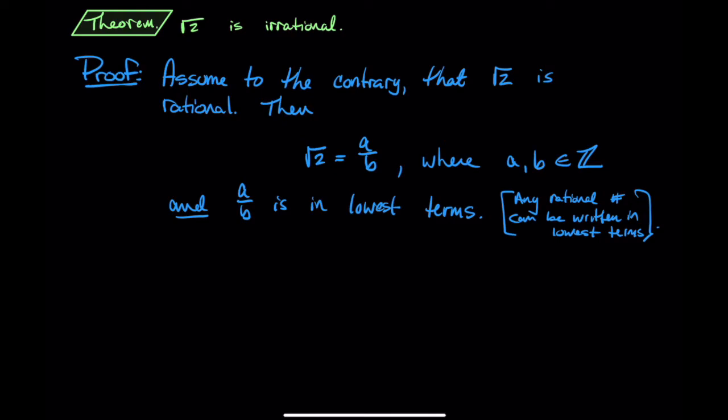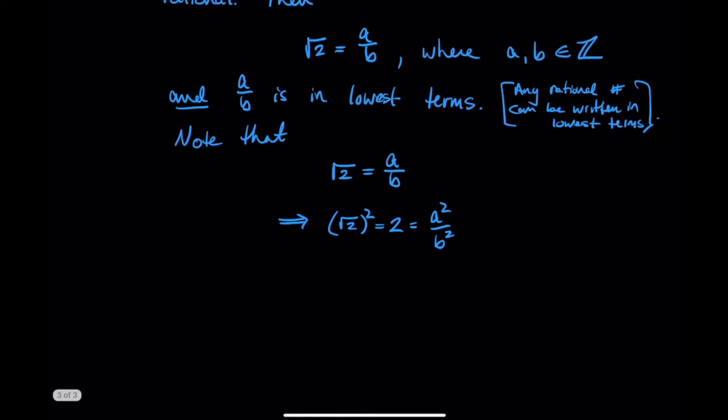Okay, so if we look at that, square root of 2 is equal to a over b. We could rewrite this just by squaring both sides. So the square root of 2 squared is equal to 2 is equal to a squared over b squared.